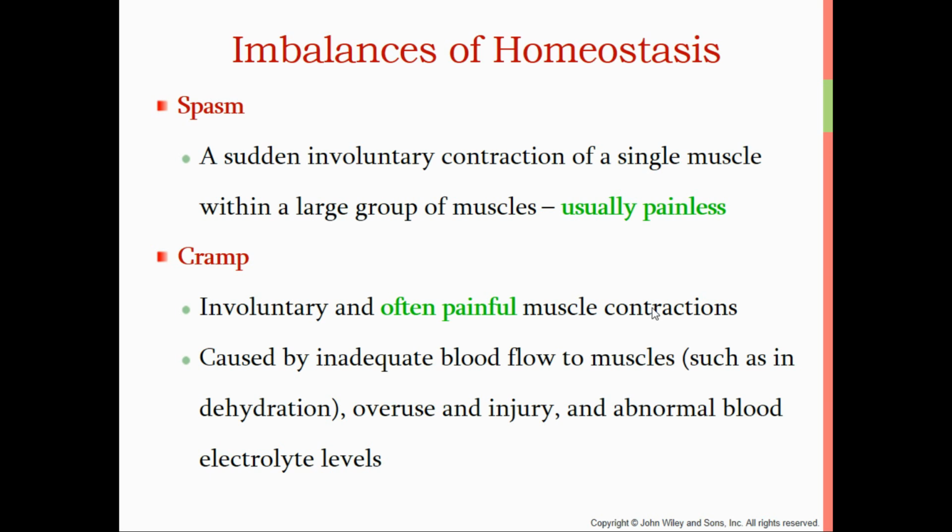And you'll look at that muscle twitching, and it just sits there and twitches for a few minutes and usually is not painful. A cramp, on the other hand, is an involuntary, often painful muscle contraction caused by inadequate blood flow to muscles, usually because there's blood being pumped to lots of other muscles to try to supply oxygen to them, and this particular muscle just isn't getting enough.